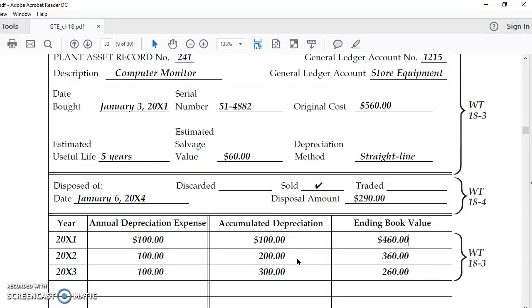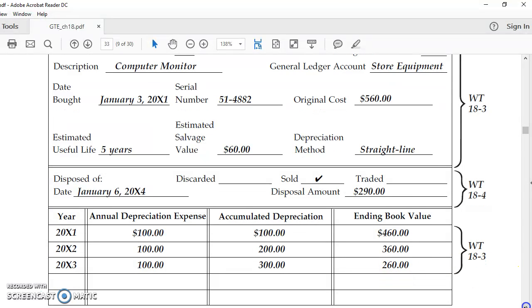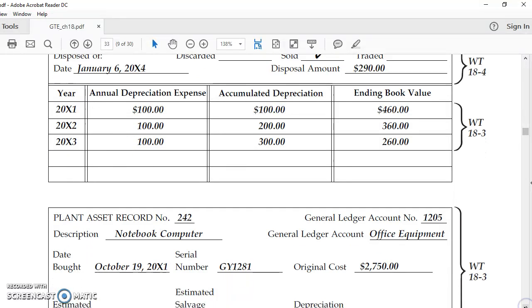And then you're going to subtract the 100 from the 460 to get 360. And then you're going to take the 200 plus the 100 to get $300 accumulated depreciation. And then you're going to subtract the 100 from the 360 to get 260. So that's a plant asset record.